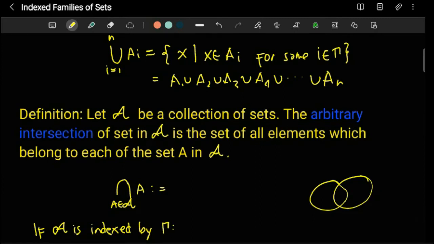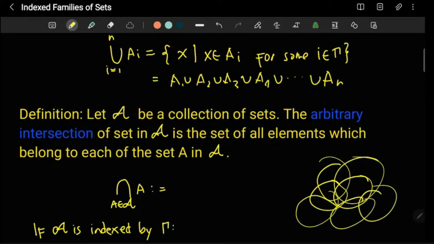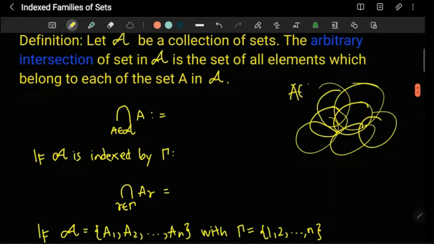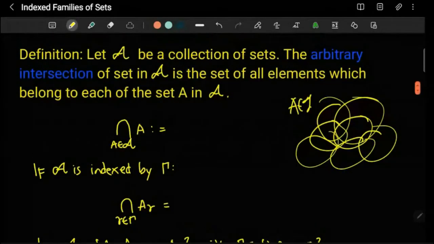It must be in the first set and it must be in the second set. So, kung marami ka ng set involved, so that's your collection. Ang sisiguraduhin mo lang, yung X dapat na kay A sub 1, yung X dapat na kay A sub 2, yung X dapat na kay A sub 3, and so on. So, yung mga element mo na nasa intersection, dapat nasa kada isang set sa family.